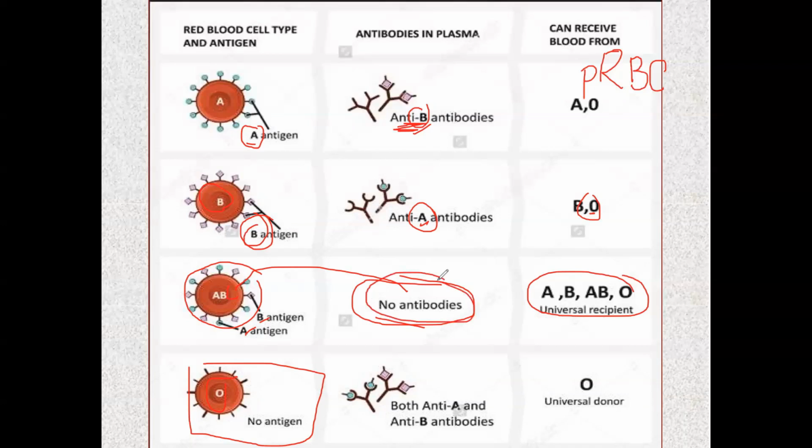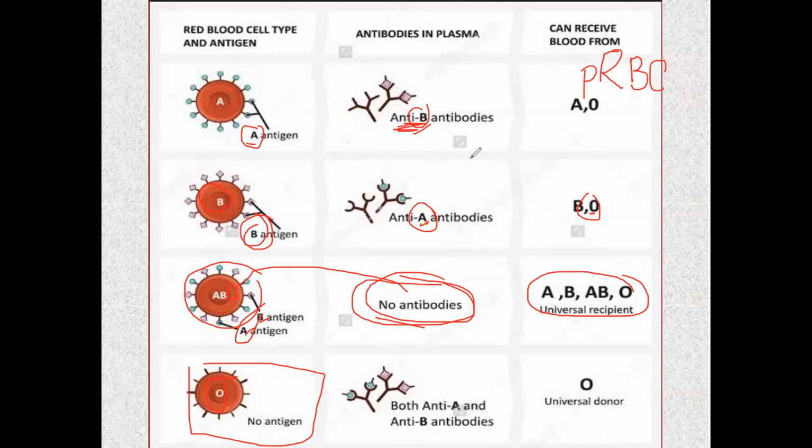Ma'am, bakit nga wala ulit present na antibody kay AB blood type na patient? For the reason na pag may present dyan na anti-A at anti-B, meron ka ngang antigen A at B. Di doon magbabind si anti-A, anti-B, and it will cause transfusion reaction. Mamamatay ang pasyente mo. So that's why wala siyang antibody.